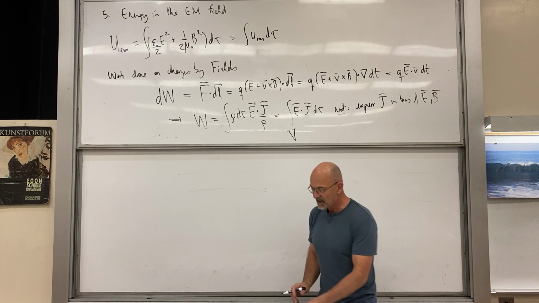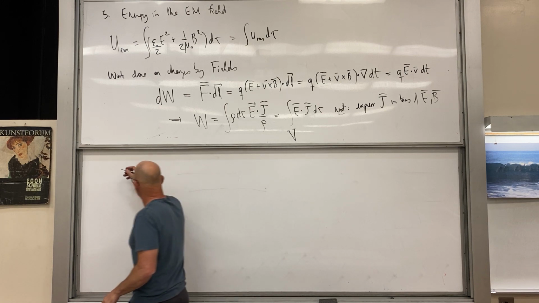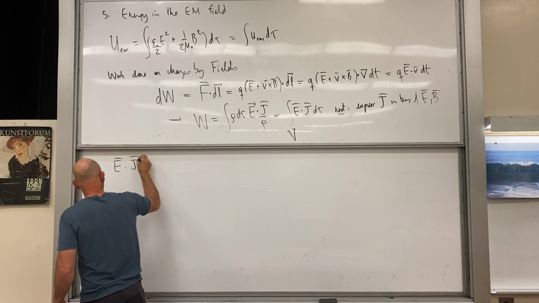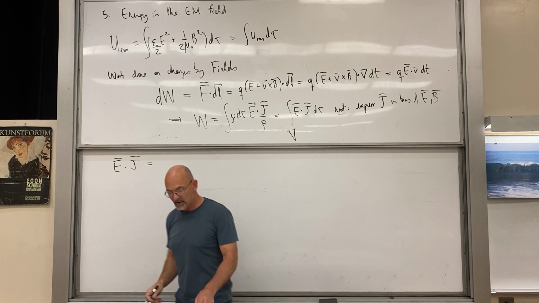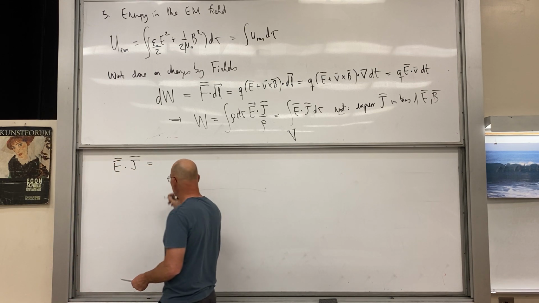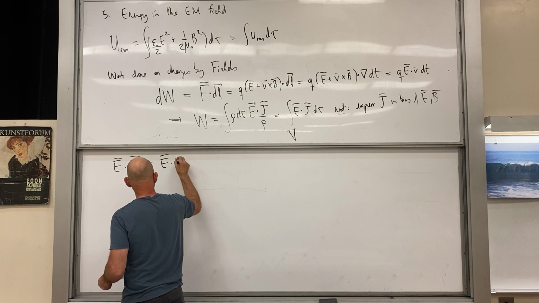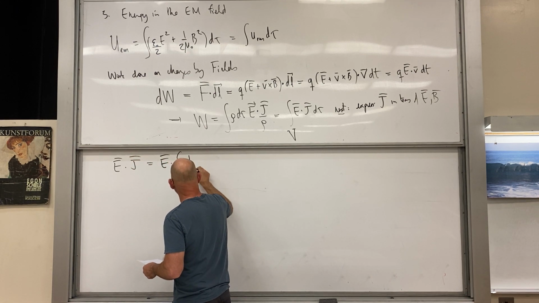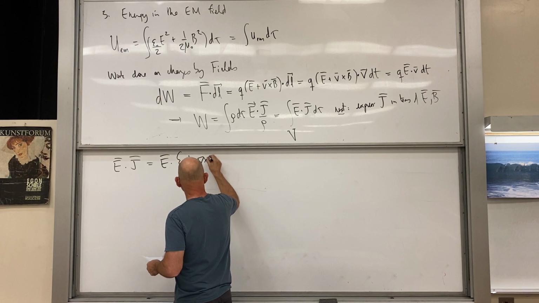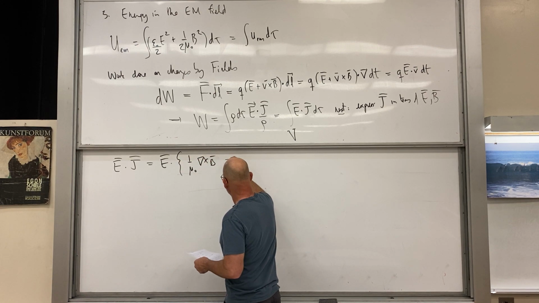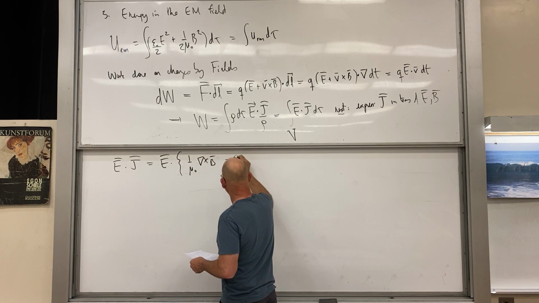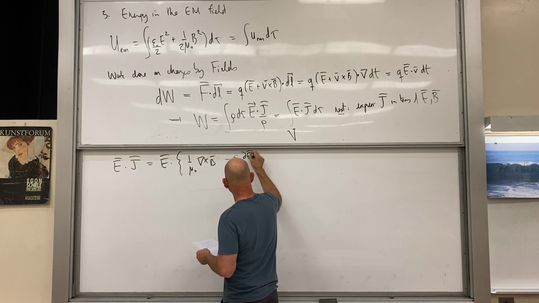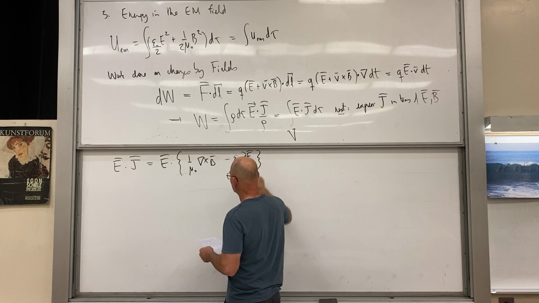So here we go, E dot J. Ampere-Maxwell, I'll just write this down. We just solve for J, so we've got 1 over mu naught curl of B minus epsilon naught dE dt.